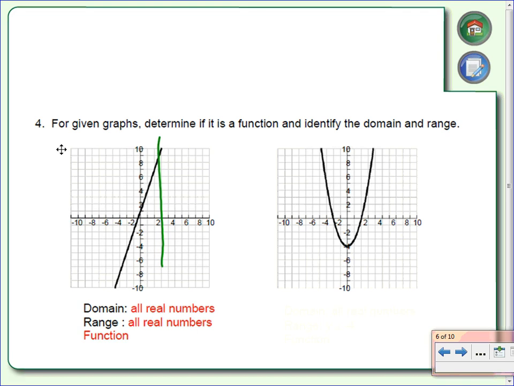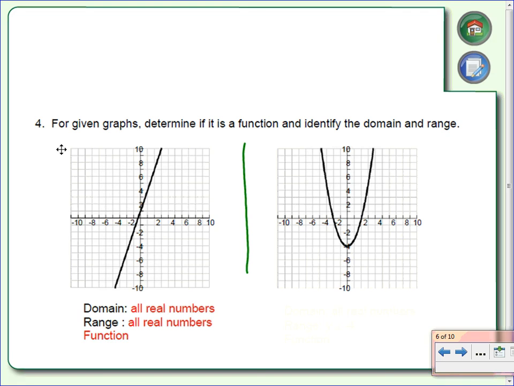But we were also asked to find the domain and the range. Domain. Of course, we know domain are the x values. Now, the problem is if I try and write down each and every one of these x values individually one by one, that's a lot of numbers to write down, and we don't want to do that.